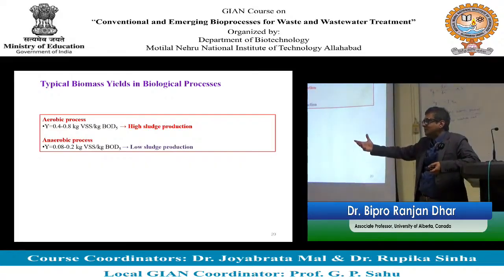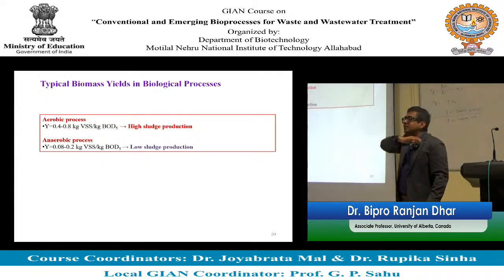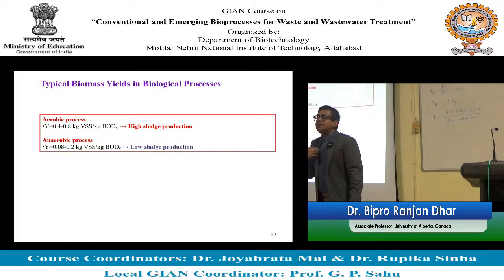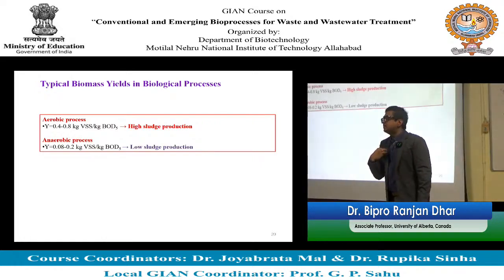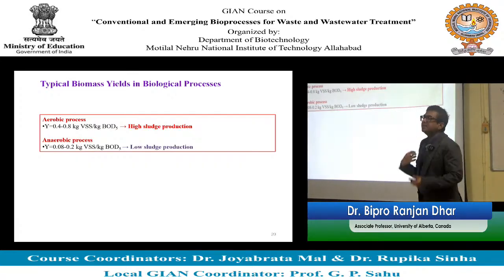If you remember the one slide before the last slide, I was talking about VSS actually representing particulate COD, right? Yes, you are right that VSS can also come from the wastewater, but that VSS is part of my BOD or my substrate, while the VSS here is actually my microbes.